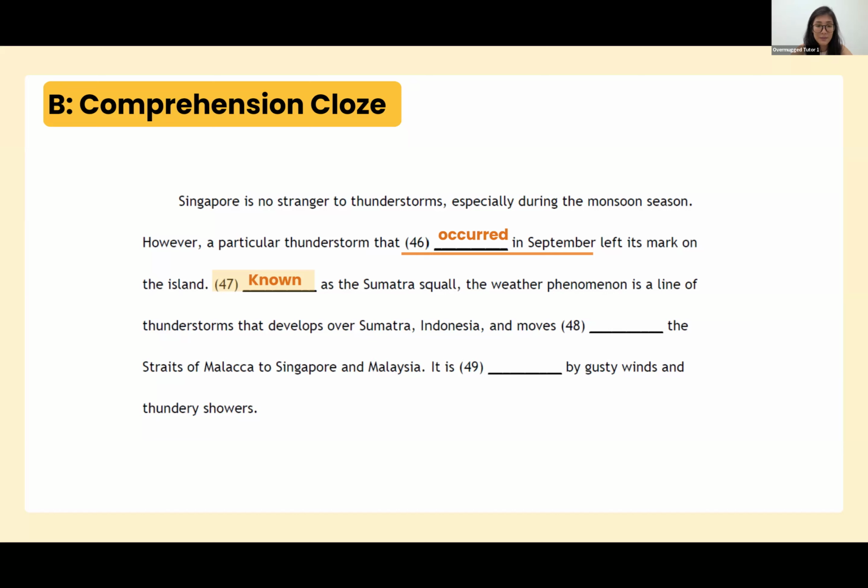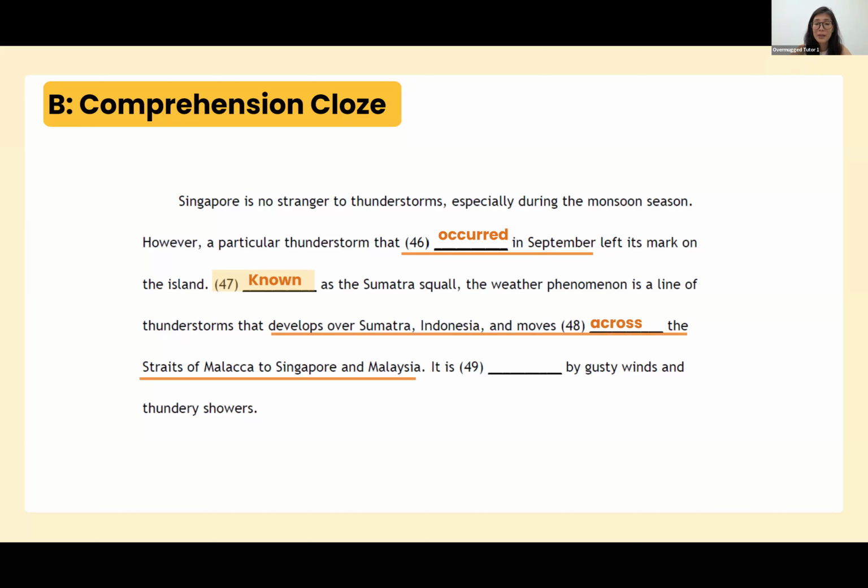Question 48. The thunderstorm begins in Indonesia and it moves blank the Straits of Malacca to Singapore and Malaysia. We're trying to convey the idea that the thunderstorm is traveling towards Singapore. So question 48, it moves across the Straits of Malacca.